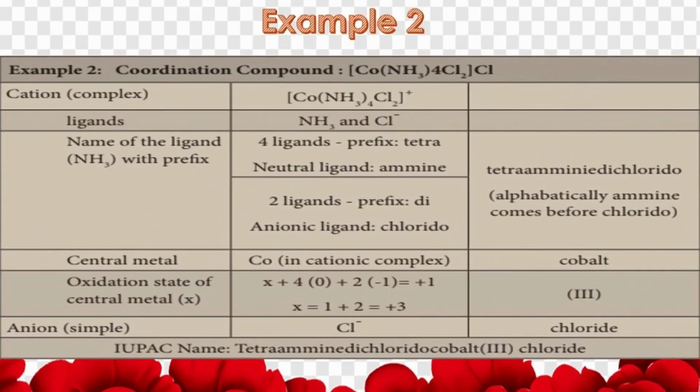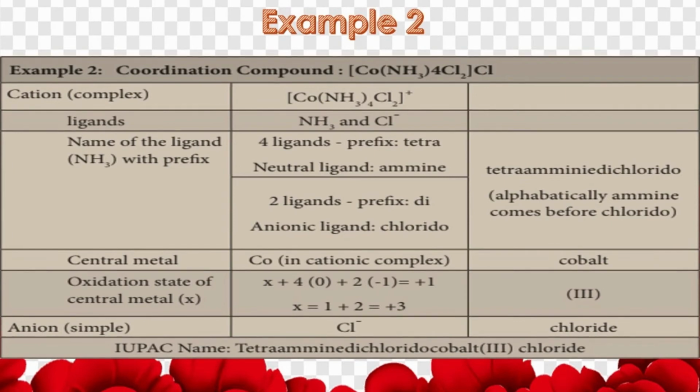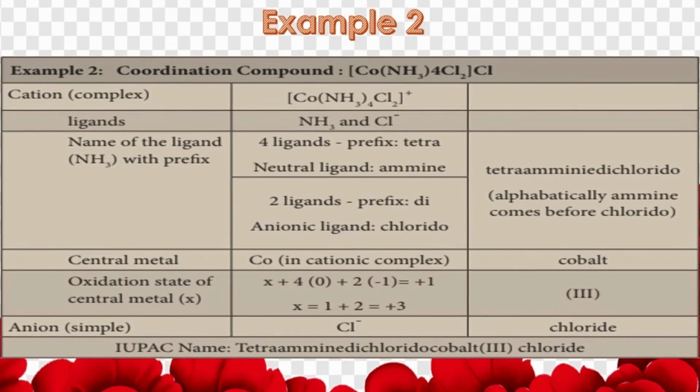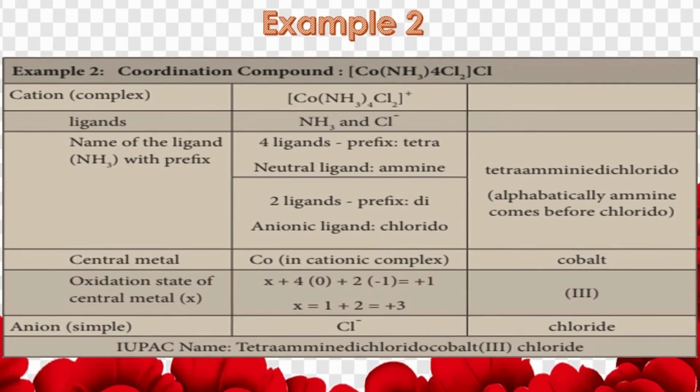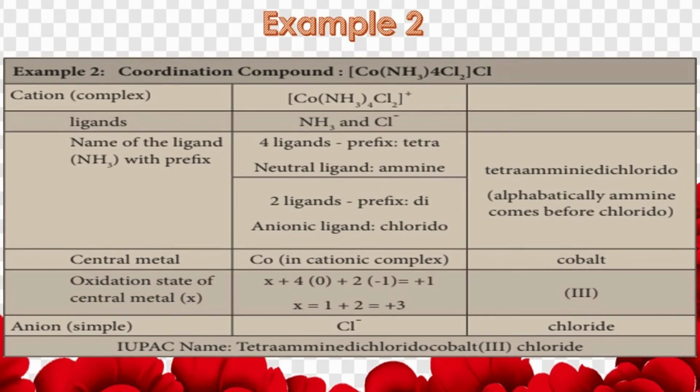Now we will try to name the second compound, [Co(NH3)4Cl2]Cl. Here the counter ion is the Cl- ion, which is an anion. So the complex is the cationic complex [Co(NH3)4Cl2]+.